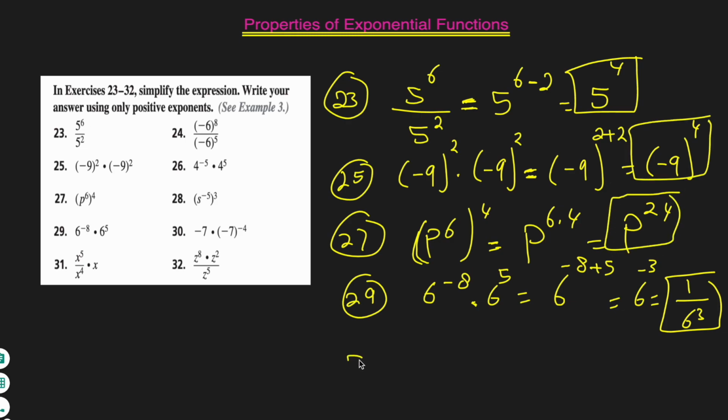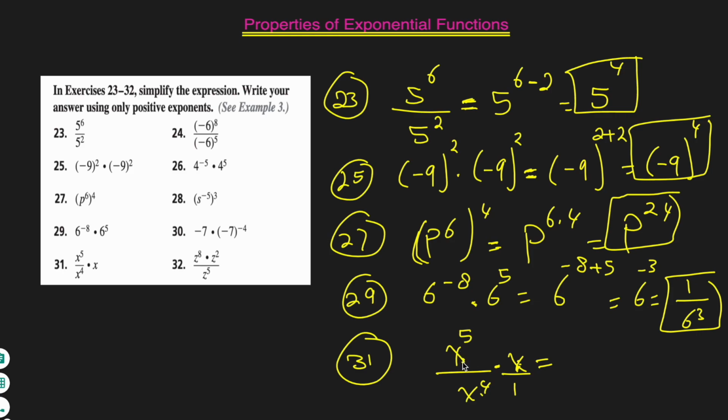Last problem, number 31. It's x to the 5 over x to the 4 times x. Since this is x, we can consider it as x over 1, and we could multiply these two x's, then use the quotient rule for the bottom.